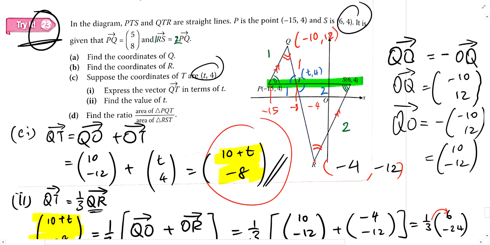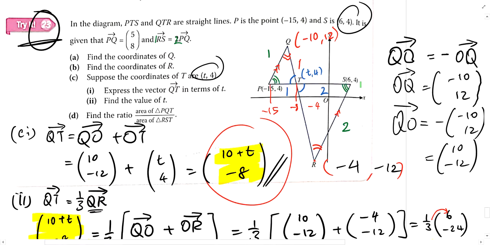So PT is 1 part, TS is 2 parts. So that whole green line is made of 21 units. Divided by 3 parts, you get 7 units. 7 units added to negative 15 gives you negative 8. That's the answer for T. Okay? So different methods you can employ to get the same answer.